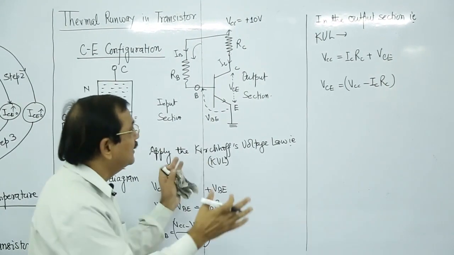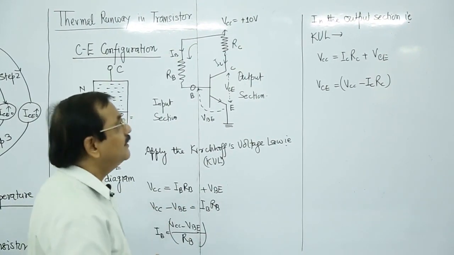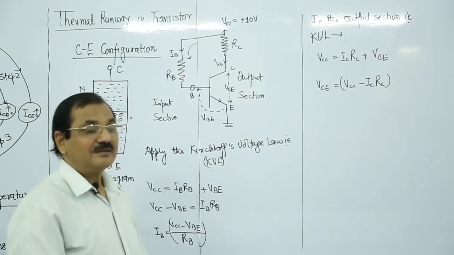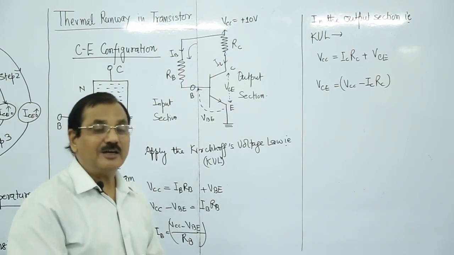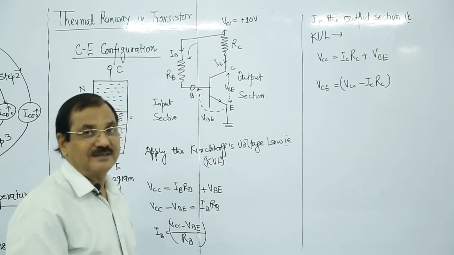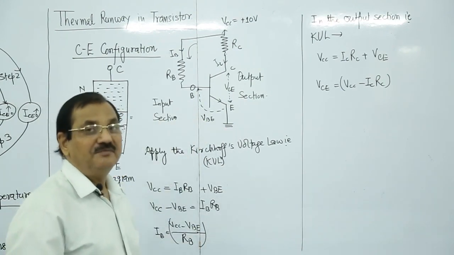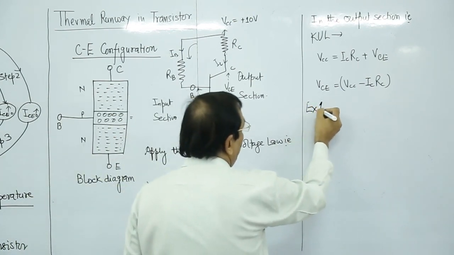Now if there is a change in the temperature, then how will this value change? In order to calculate the percentage change in the transistor circuit over this simple circuit, we take one example. We take example 1.